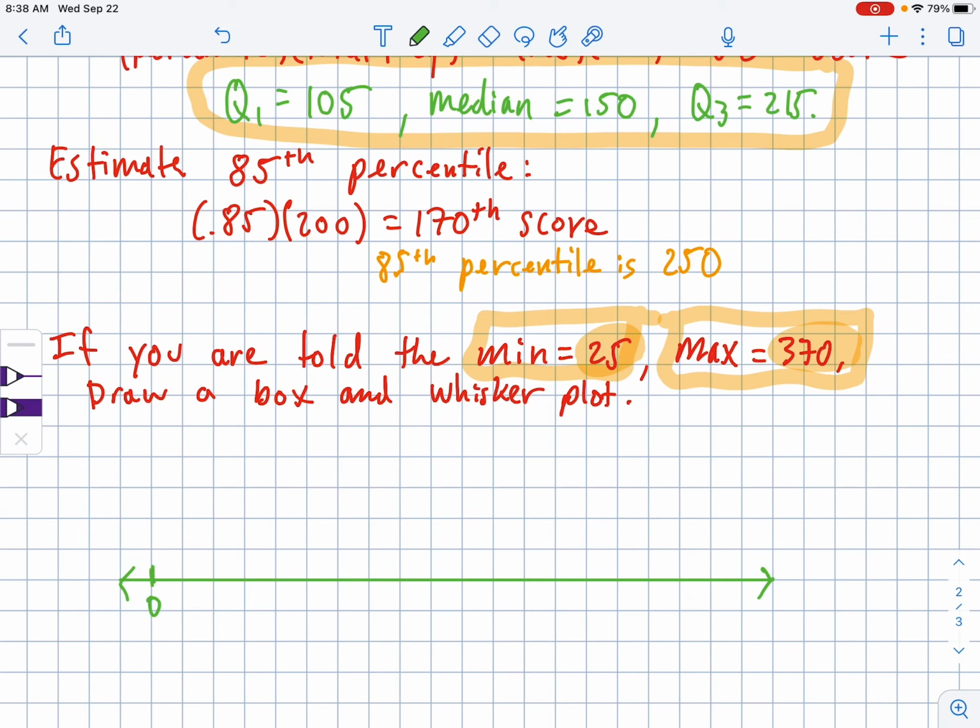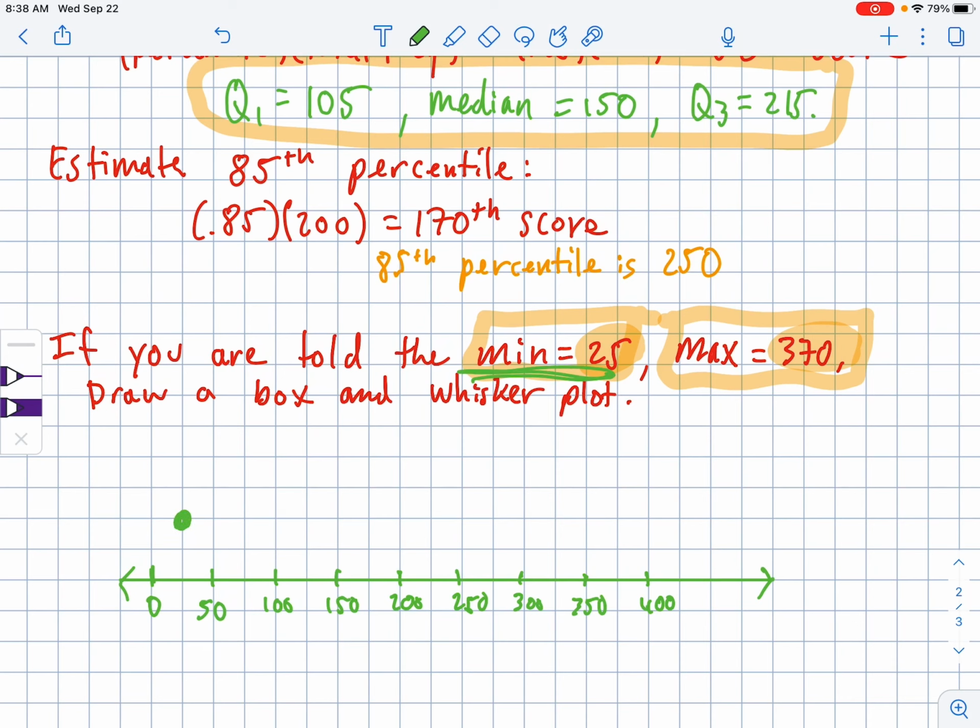If we're going to go up to 400, let's just start at 0 right here and do 50s again: 50, 100, 150, 200, 250, 300, 350, 400. That includes everything now.